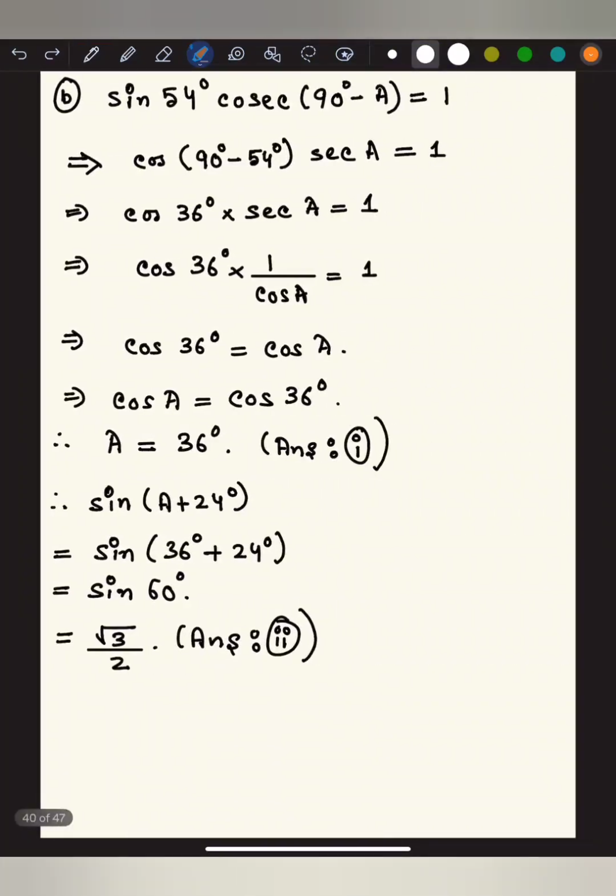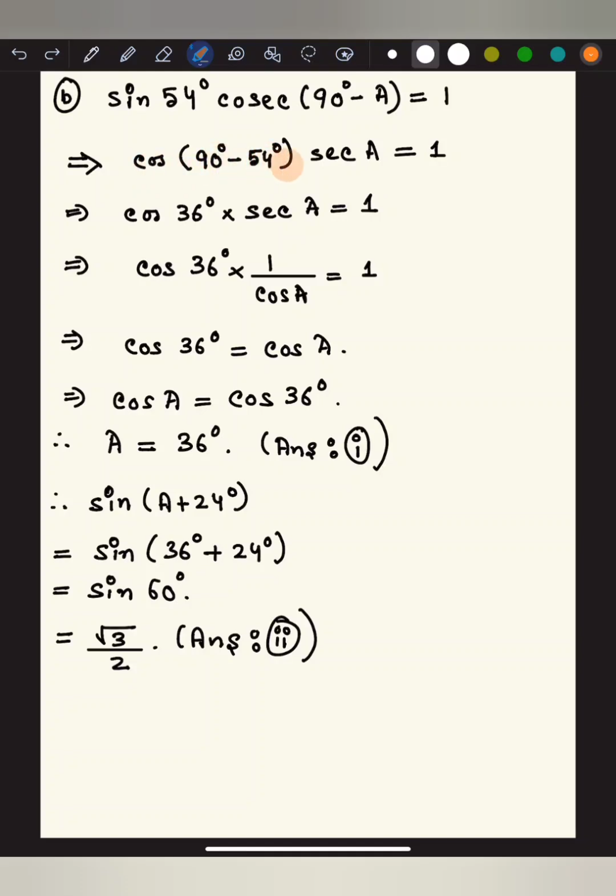Okay, let's come to question 8, support B. Here we are given: if sine 54 degree into cosec (90 degree minus a) equals 1, then we need to find the value of sine (a plus 24 degree). Sine 54 degree can be written as cos (90 degree minus 54 degree), because sine theta can be written as cos (90 degree minus theta).